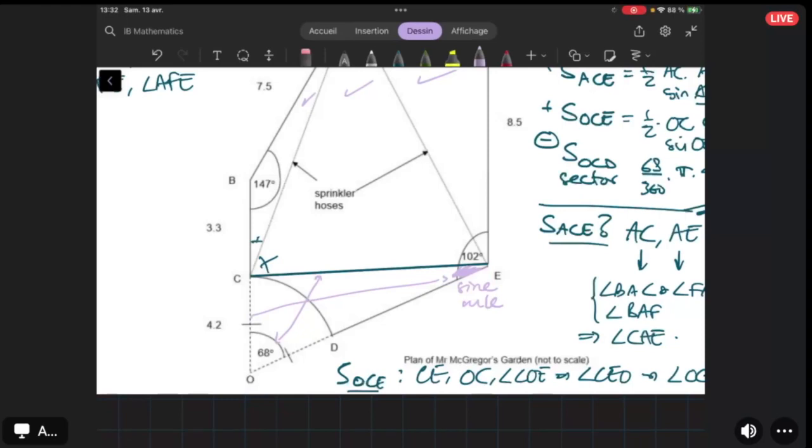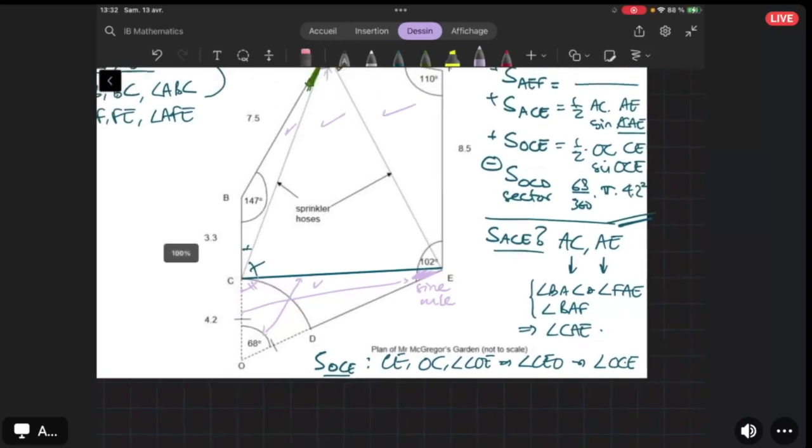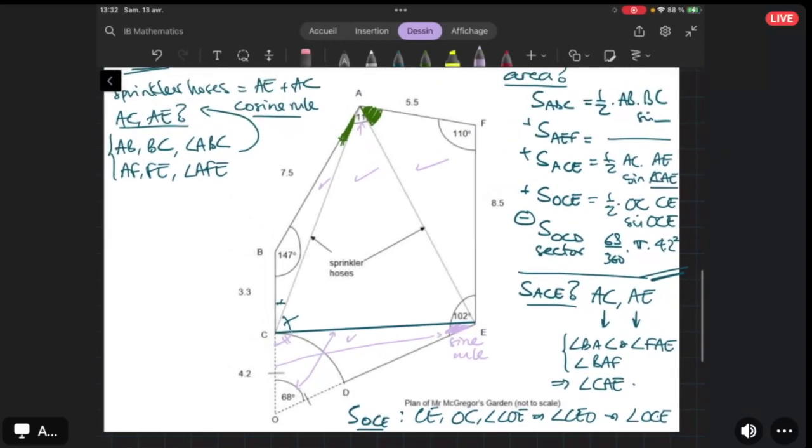Minus 68 minus CEO, that would give you OCE. And then you can find the area of this triangle because you know CE, you know OC, and you know the angle. So add it all up, and then subtract the area of a sector, that would give you the area of the entire big boy. Questions?